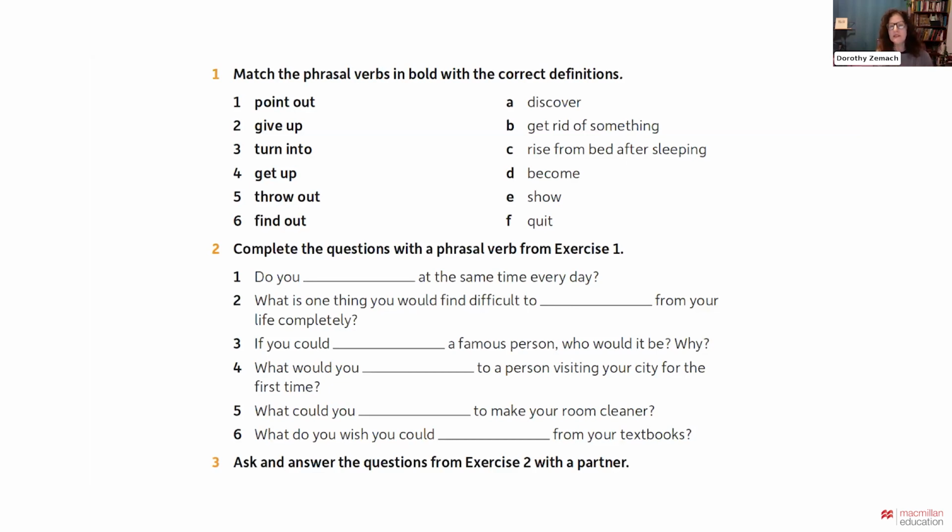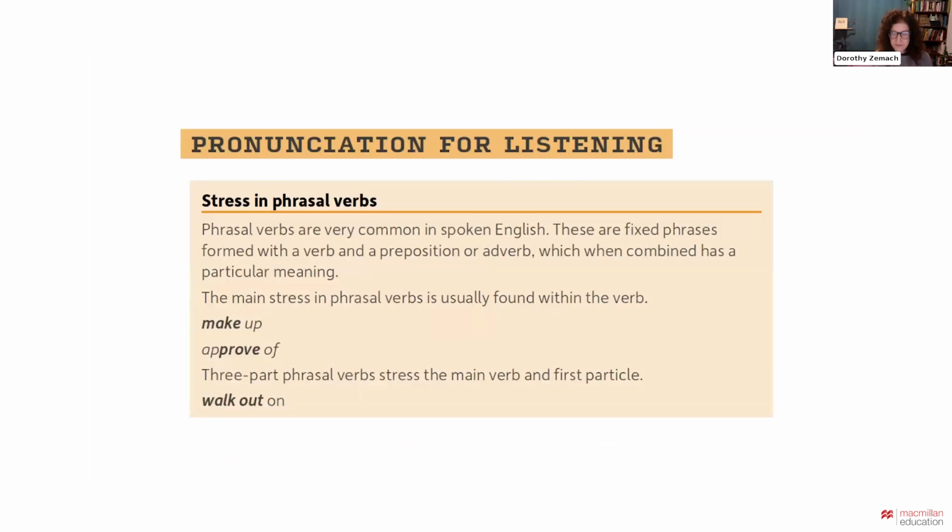But the way we tie this into listening, and I love this label of pronunciation for listening, because this is what I said with I can sing but I can't dance. The pronunciation helps your listening so much. So if you know with a phrasal verb what syllables to stress, not only will you speak more naturally, but suddenly it becomes easier to hear those things.